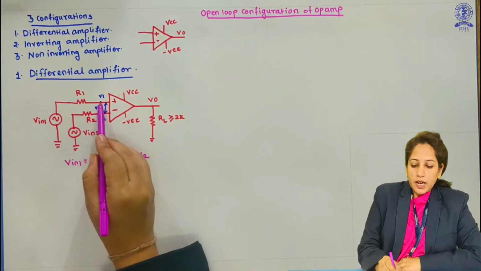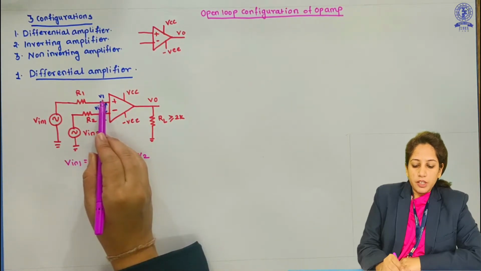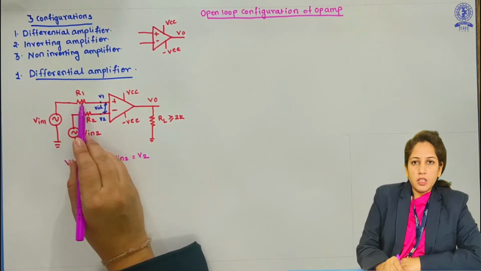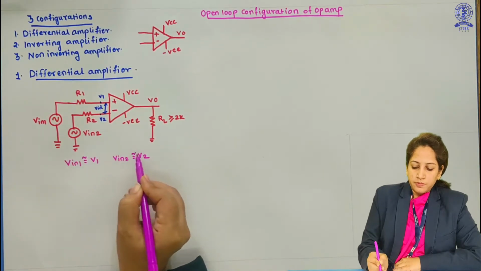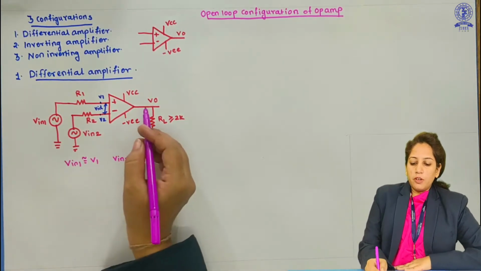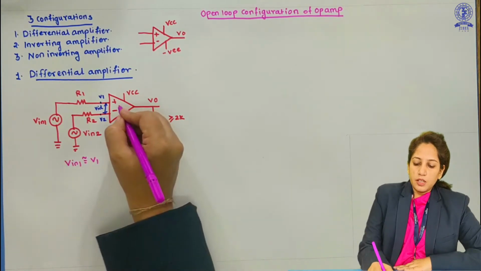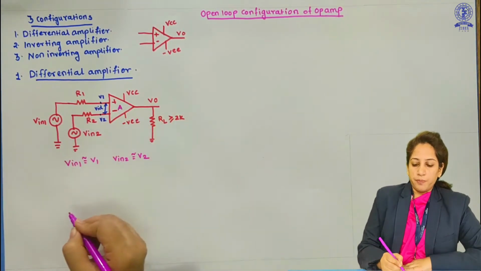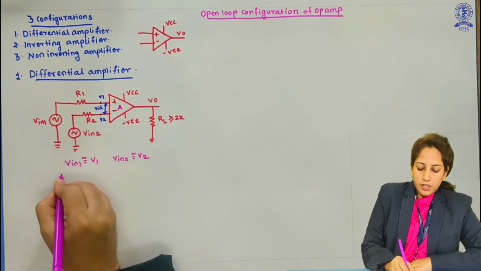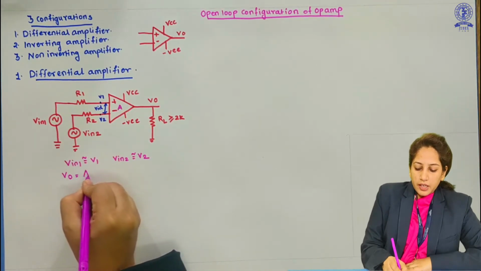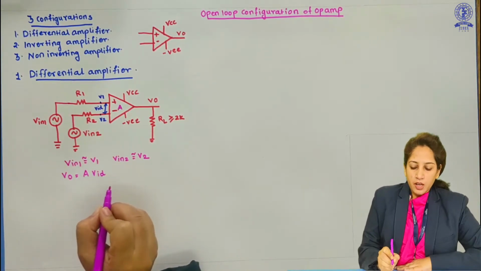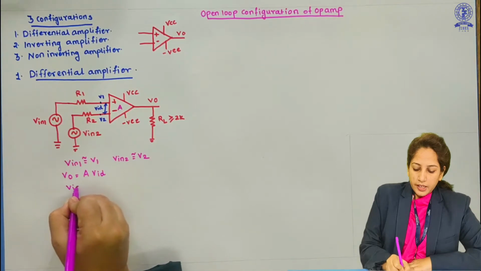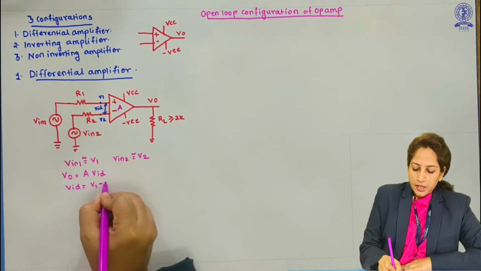The voltage at this point, V1, is approximately equal to Vin1, because R1 is very small and the voltage drop is negligible. Now we know our output voltage. Suppose this amplifier has gain A, so the output voltage V0 is equal to gain into input voltage, that is gain into VID, and we know VID is equal to V1 minus V2.